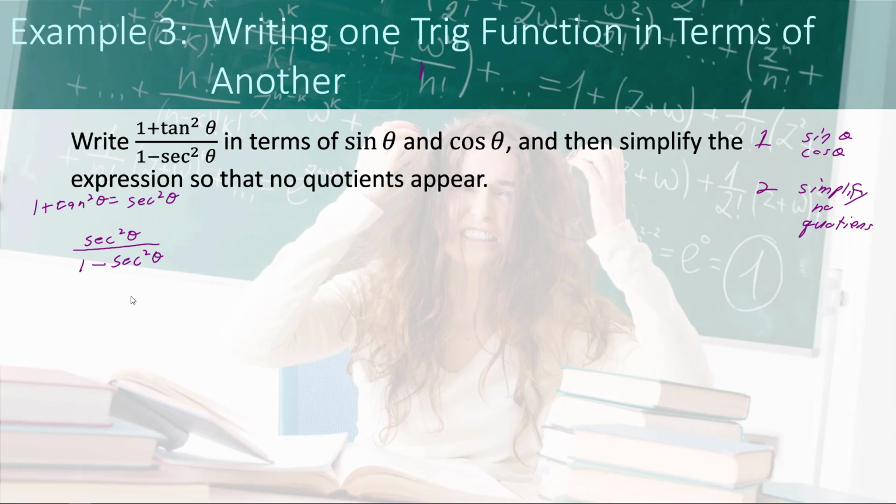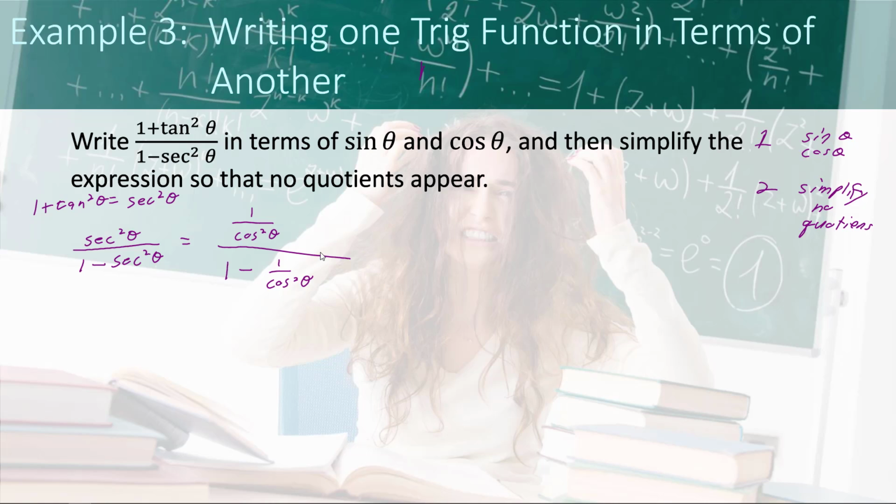Now we are asked to express this in terms of sine and cosine, and of course we know that secant is 1 over cosine. So we can write this as 1 over cosine squared theta divided by 1 minus 1 over cosine squared theta.